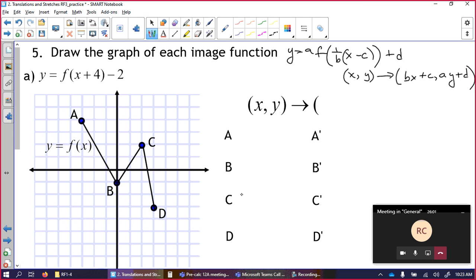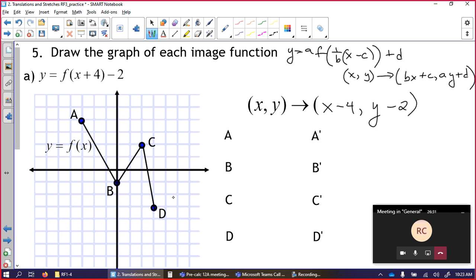All right. So if I have this equation, we need to write a mapping rule. Let's put the comma in at the end. We have, in this case, a c value, so there's nothing in front, so x minus 4, and a d value, y minus 2.